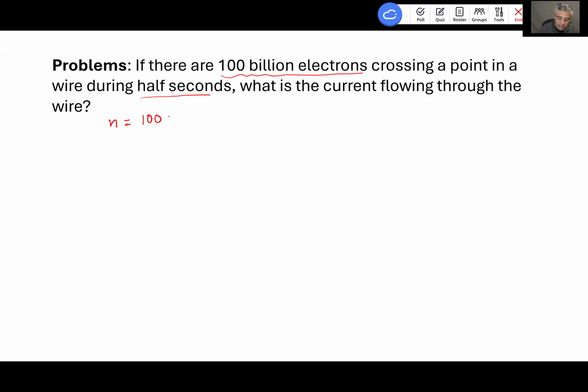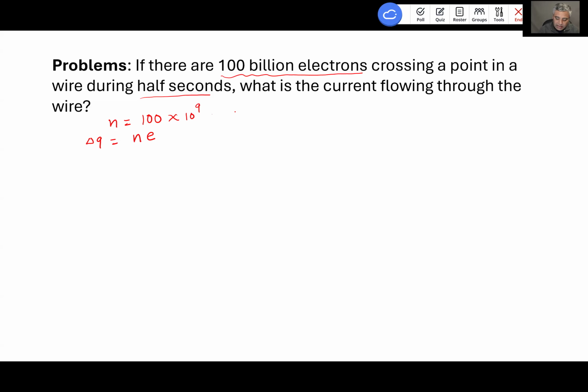How many zeros are there in a billion? Looks like a million has 6, so a billion has 9. So the amount of charge flowed is the number of electrons times the charge of an electron. Okay, so that's what that is.